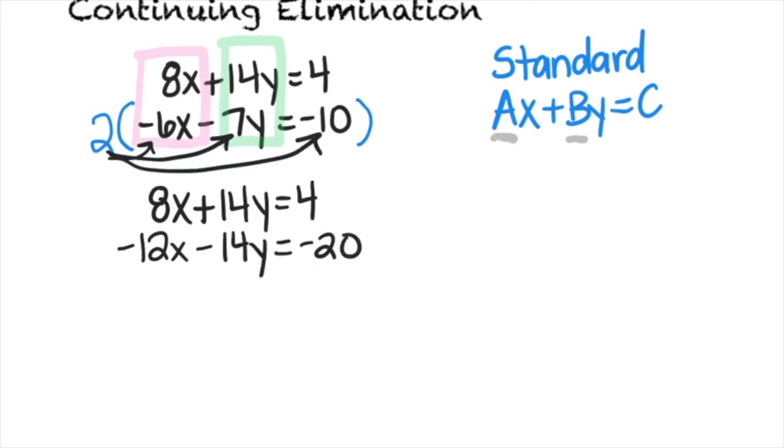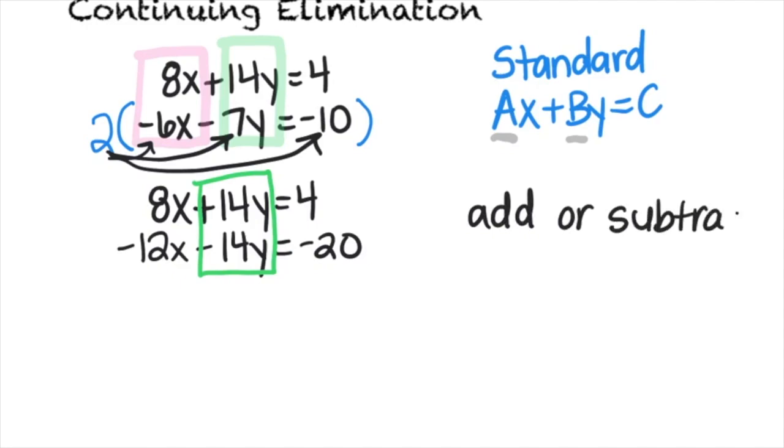Now, at this point, we want to eliminate, which is the reason it's called elimination, the y values, because my y values have that same coefficient. So the question is, do I need to add or subtract? If I add 14 plus negative 14, that's going to give me 0.